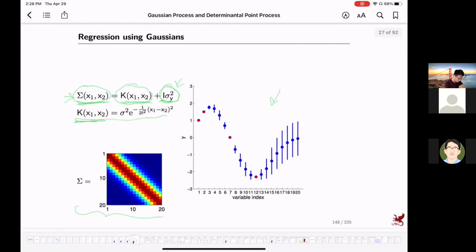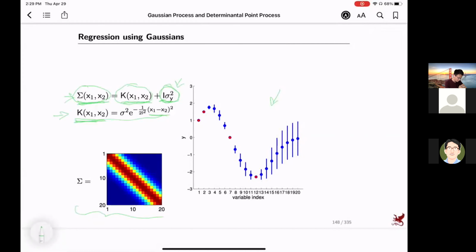And when x1 and x2 are far apart, where the difference is big, then covariance becomes smaller. Yeah, if we use this particular Gaussian kernel function, when they are far apart, it becomes smaller.